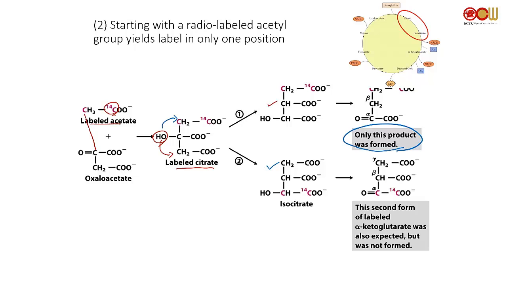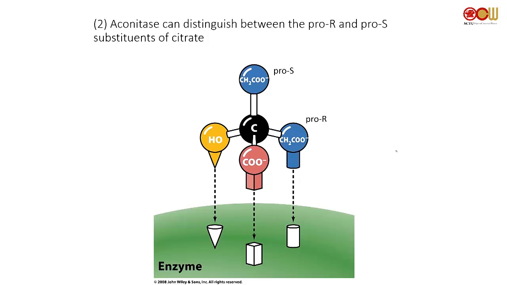Why is that? That is because aconitase can distinguish between the pro-R and the pro-S substituents of citrate.